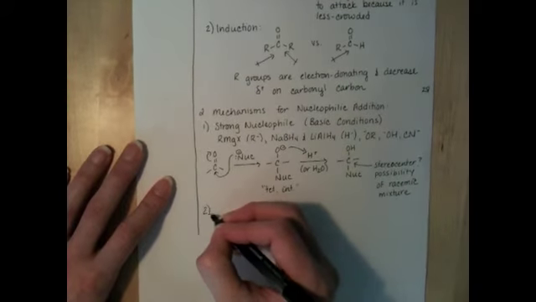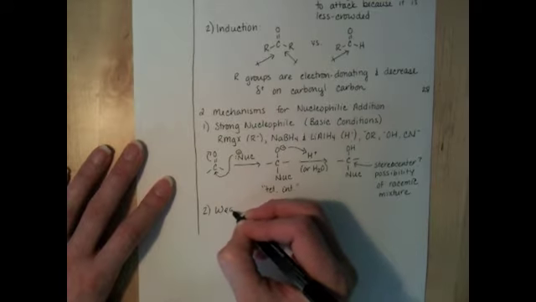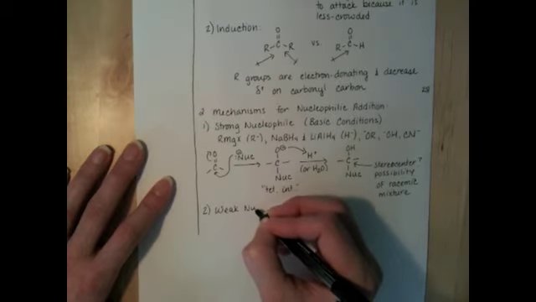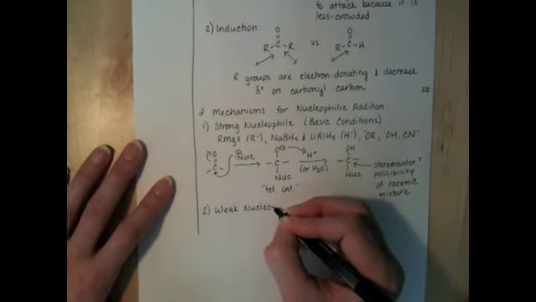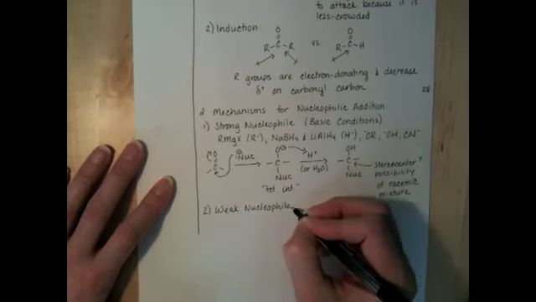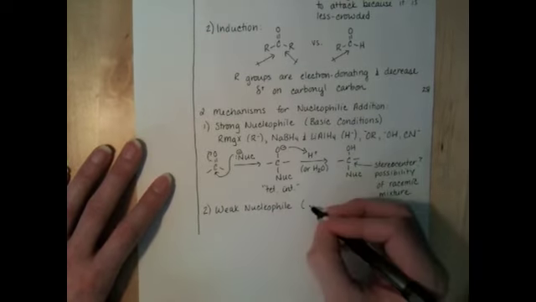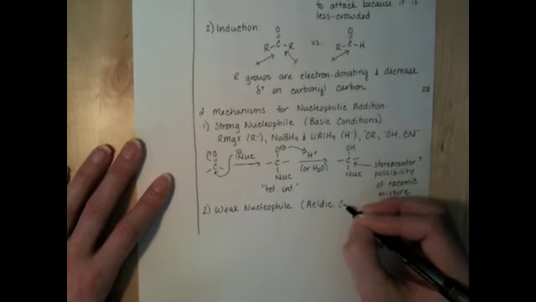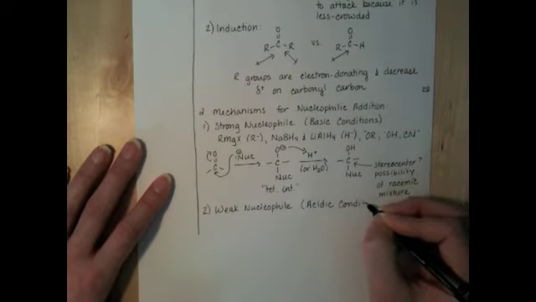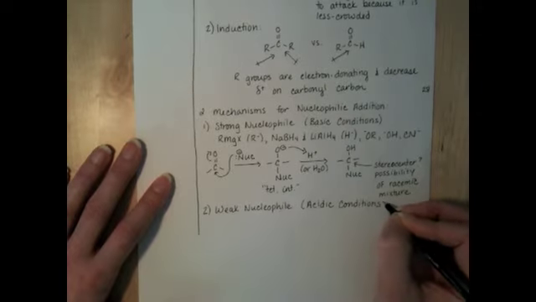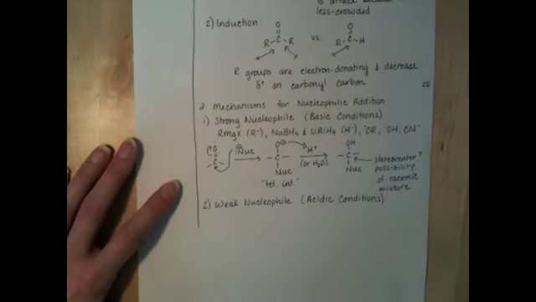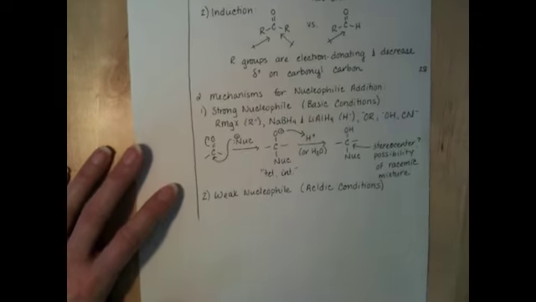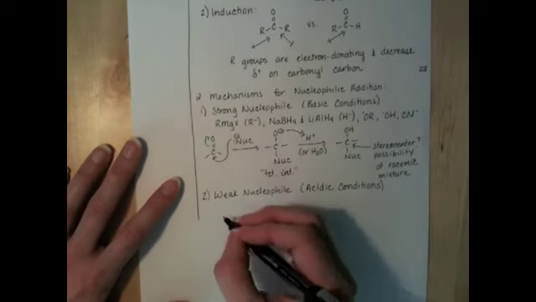We can also do this reaction with a weak nucleophile. This reaction we sometimes refer to as taking place under acidic conditions, even though not all of the weak nucleophiles that I'm going to show you are acids, it's still how we refer to the reaction.